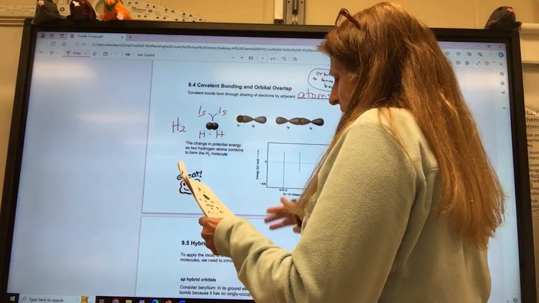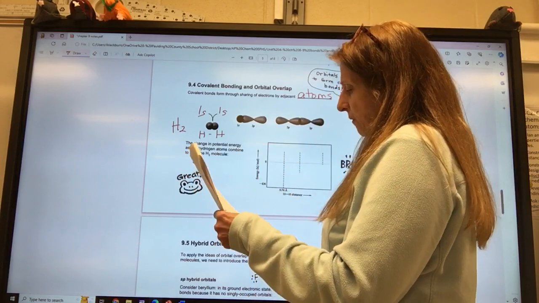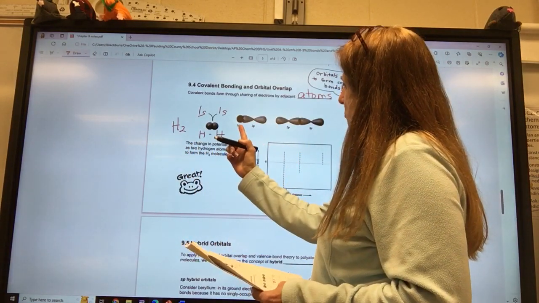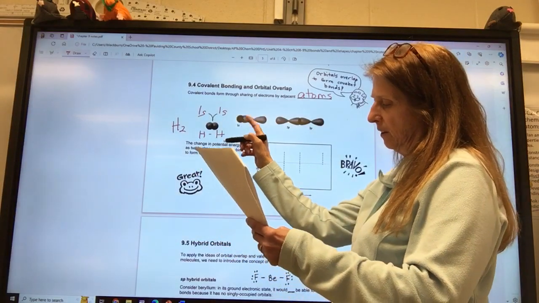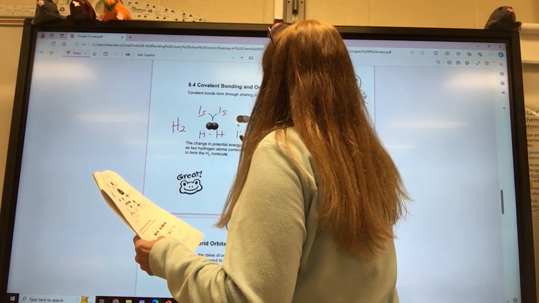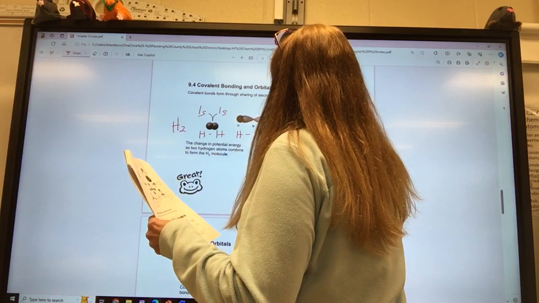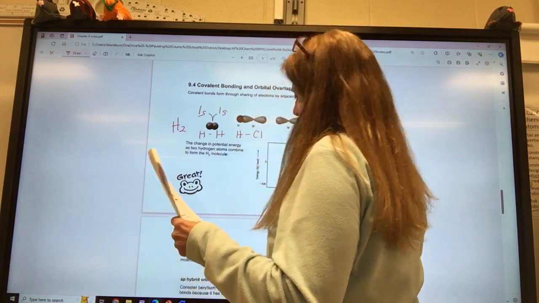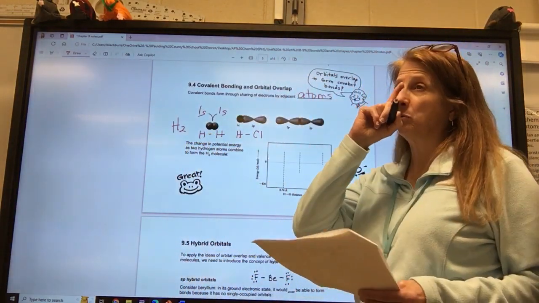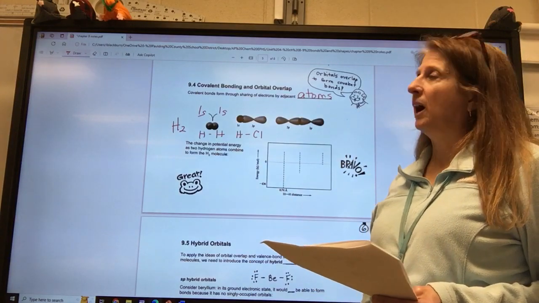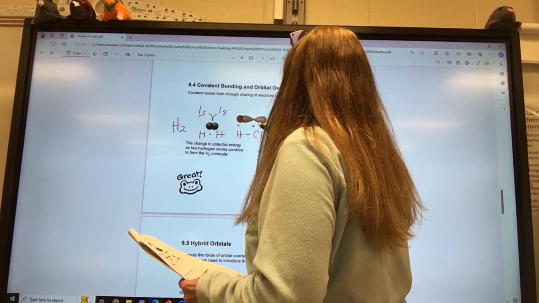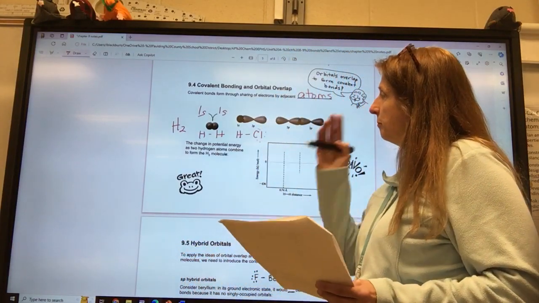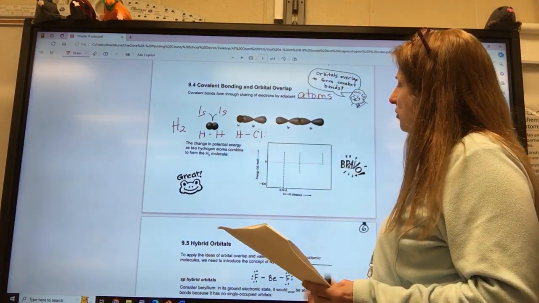Okay. Our next one, we have a 1s and a 3p overlapping. And this is what you get with hydrogen bonded to chlorine. The chlorine's got these unshared pairs, but that's what it would look like as it bonds.